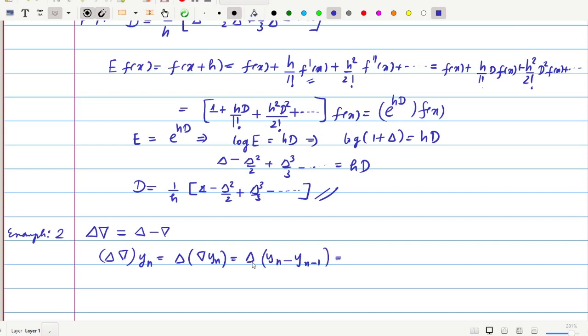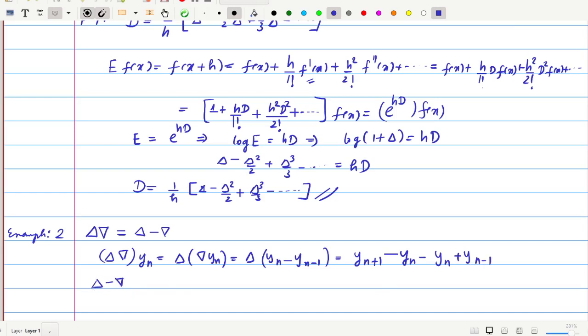And by distributing this delta, you can get the forward difference of yn, that is yn plus 1 minus yn, and minus the forward difference of minus yn minus 1, that is plus yn minus 1. So this is the LHS, and now you find the RHS.